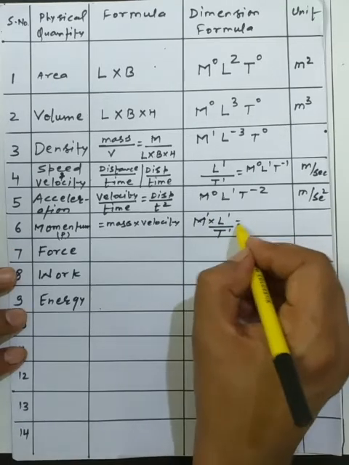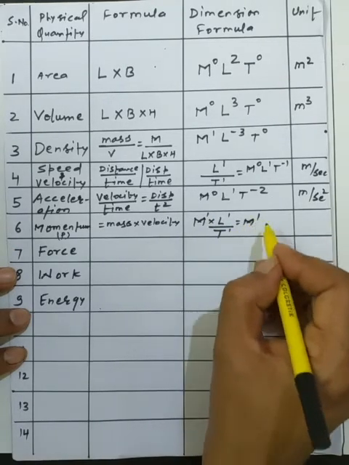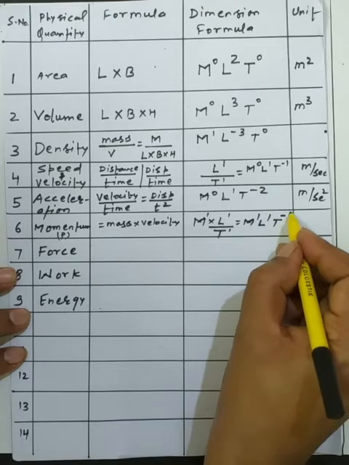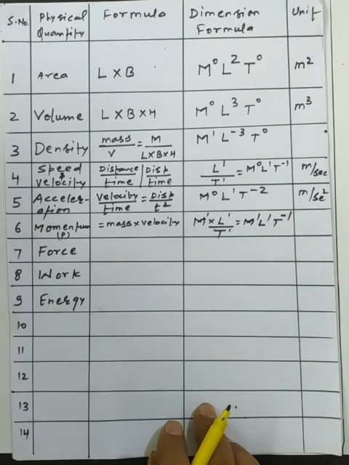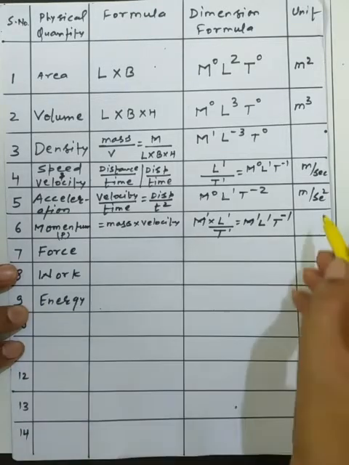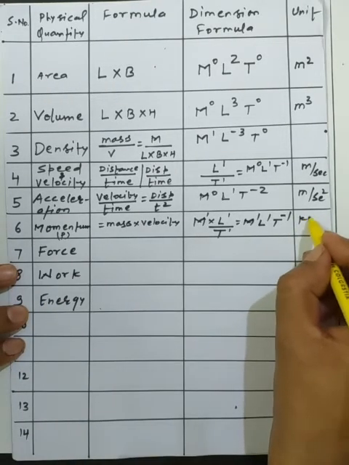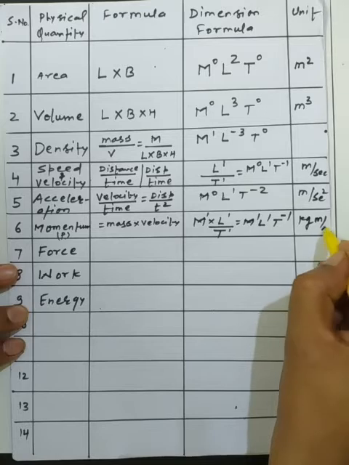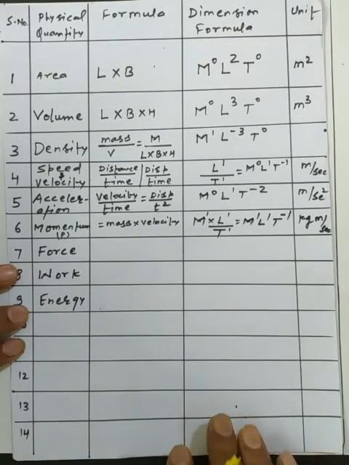Finalized, we write M1 L1 T minus 1. So it's the dimension formula of momentum. We have p is equal to mv, so basic knowledge should be there. And the SI unit is kilogram meter per second. So it's a basic formula.